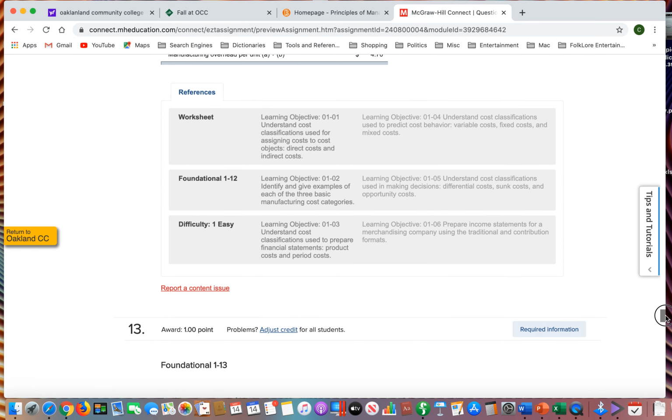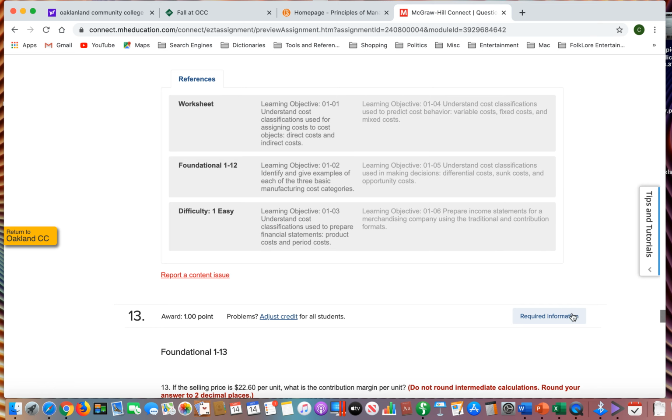Okay, number 13. If the selling price is $22.60 per unit, what is the contribution margin? Remember the formula, folks. Sales minus variable cost per unit. So if it's $22.60 per unit, what is the variable cost per unit?